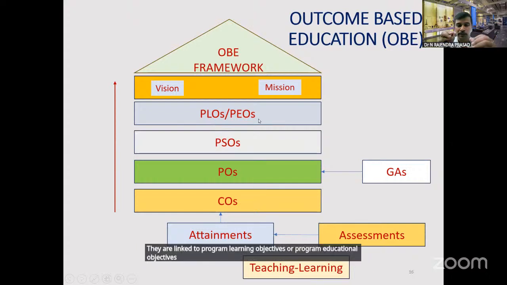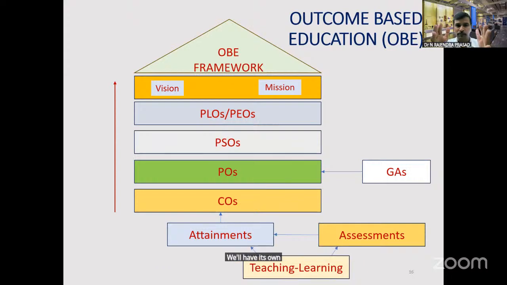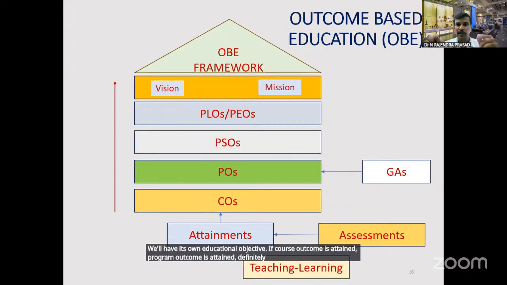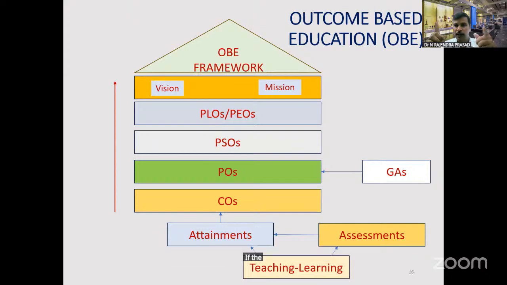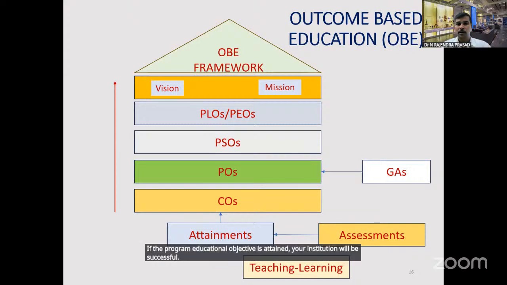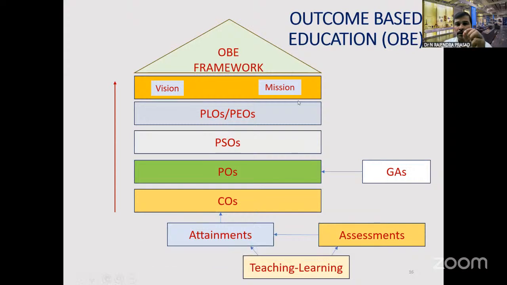Your institution will have its own educational objective. If course outcome is attained, program outcome is attained, definitely your program educational objective will be attained. If the program educational objective is attained, your institution will be successful. How? You are supporting the achievement of the mission.